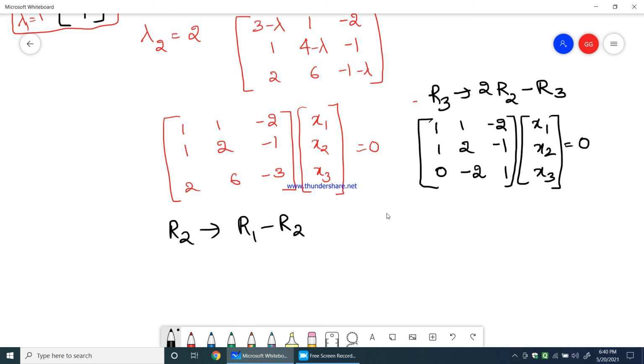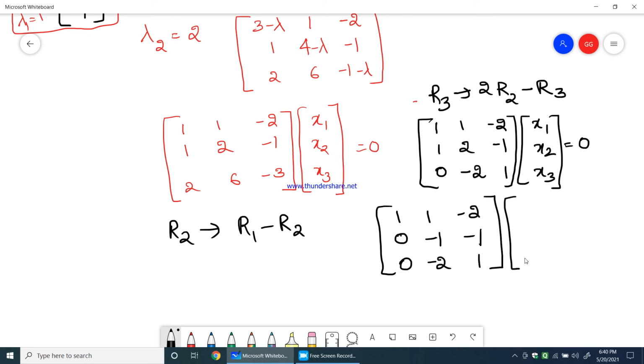So what do we get? Row 1 we write as it is, row 2: 1 minus 1 is 0, 1 minus 2 is minus 1, minus 2 plus 1 which is minus 1, again 0, minus 2 and 1, into x1, x2, x3 which is equal to 0.